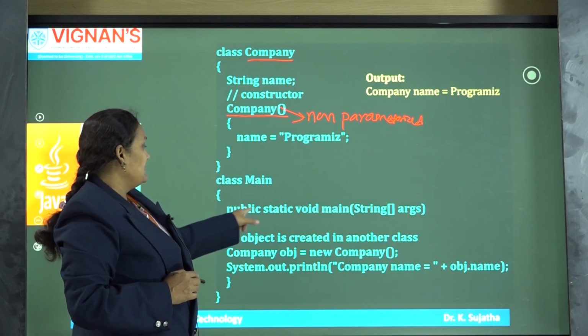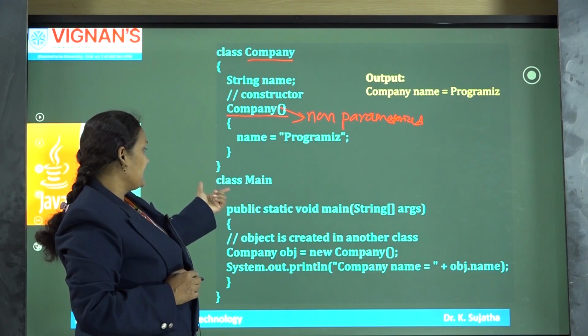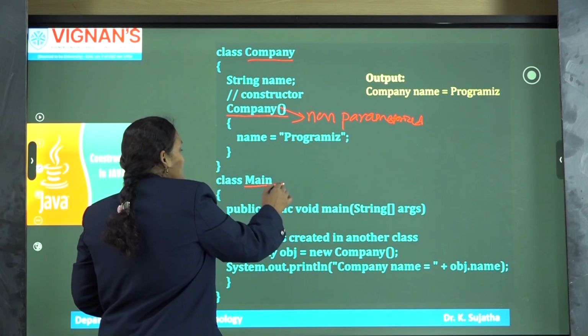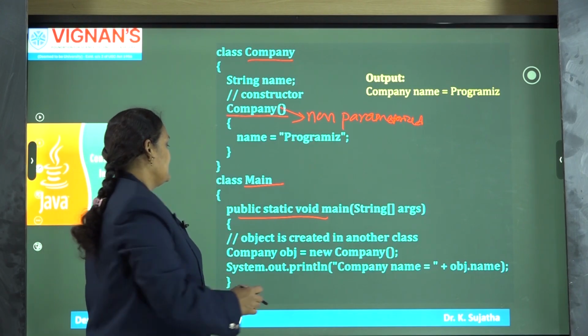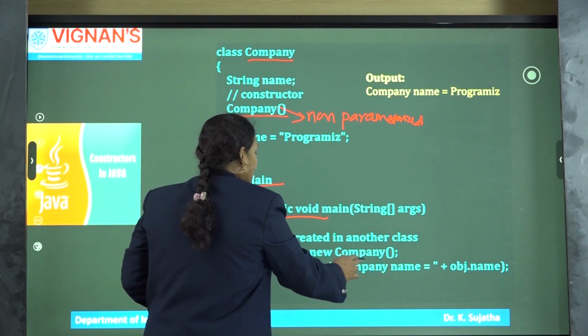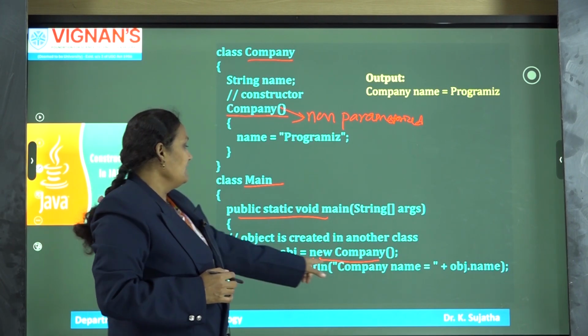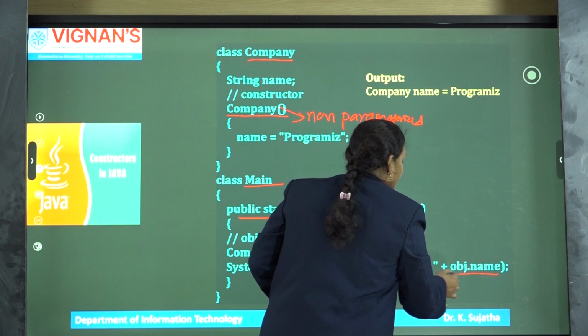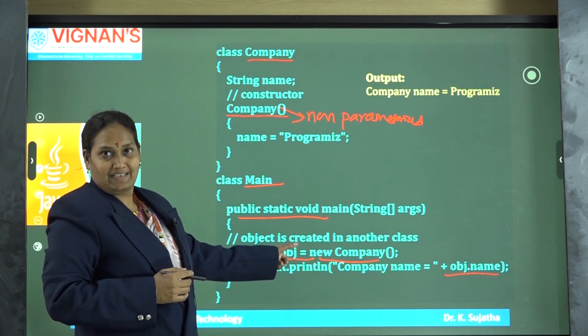Now for writing the main method, I have taken a separate class whose name is main, and I have written the main method. In this main method I have created an object for my class with the name obj. Now I accessed the variable name with the object name I created.